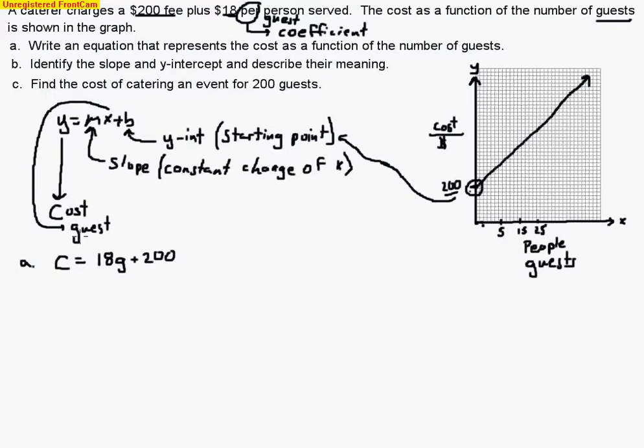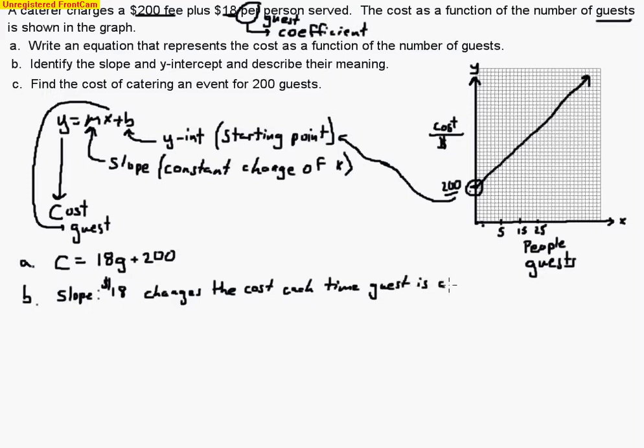Well, let's take a look at the next part, letter B. B we've kind of already talked about. It says identify the slope and the y-intercept and describe their meaning. Well, the slope is what changes the cost each time. So the slope in this case is 18. And $18 is what changes the cost each time a guest is added.